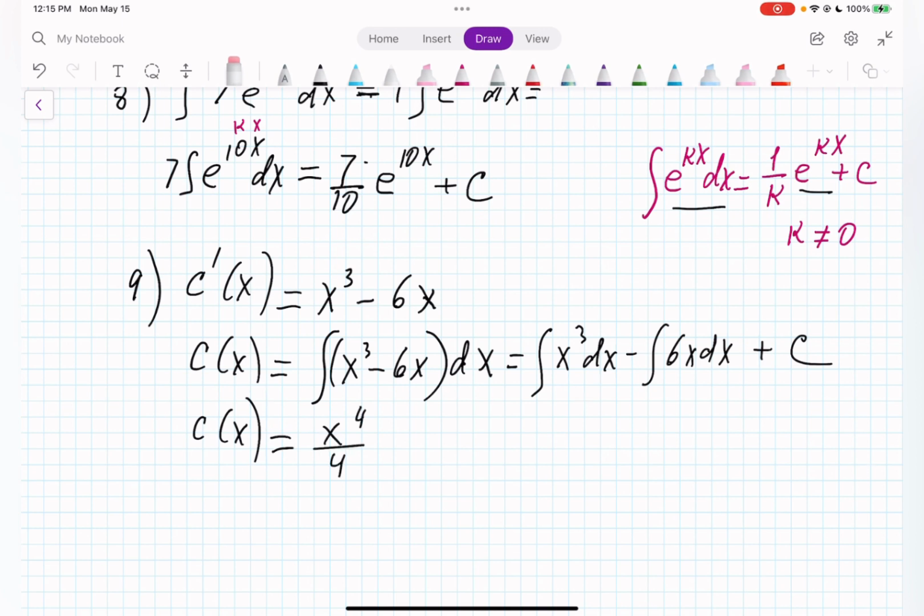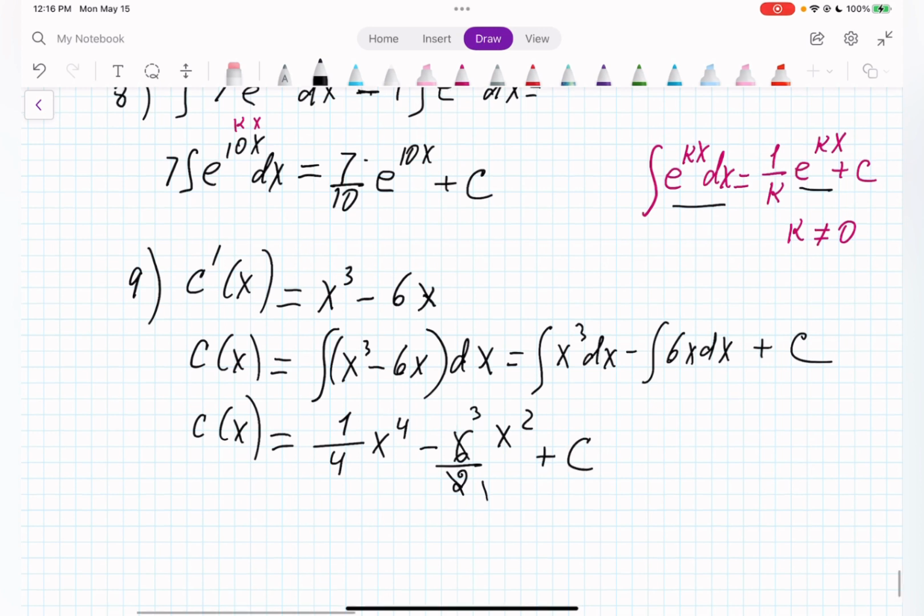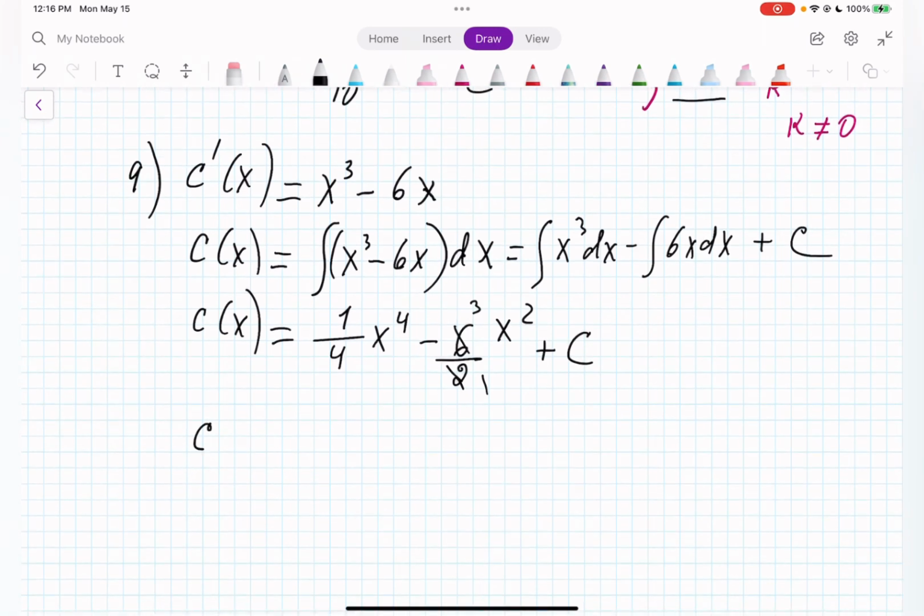Let me write down the way they accept it so you would see it. 1 over 4 X to 4 and minus 6, it's going to be X to 2 over 2, right? Like that. And we can cancel 1 and 3. And plus C, which means final answer is going to be C of X. Now, this C and this C is not the same.